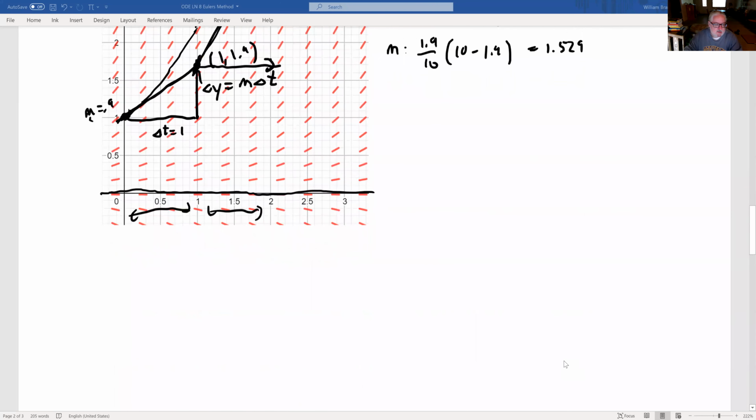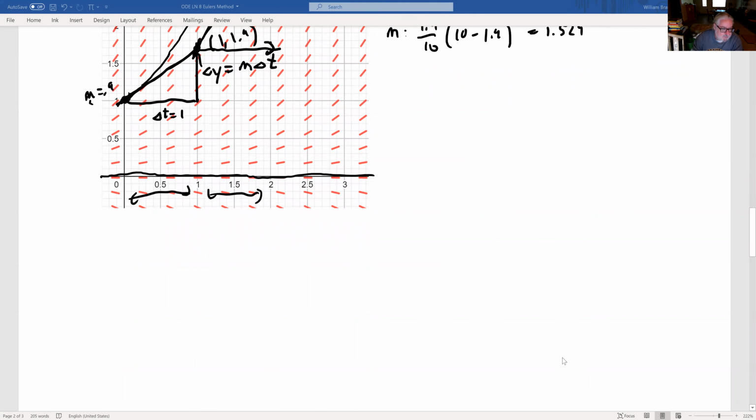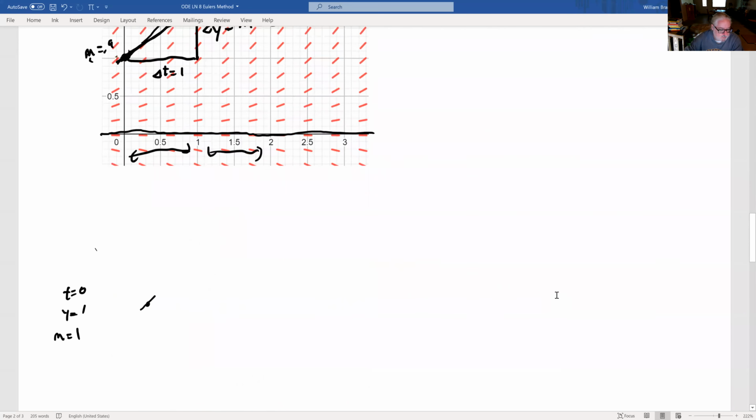So what's the idea here? We started at a point t equals 0, y equals 1. There's a slope there of, what was the slope? It was 0.9. Was it 1.9? It was 0.9.